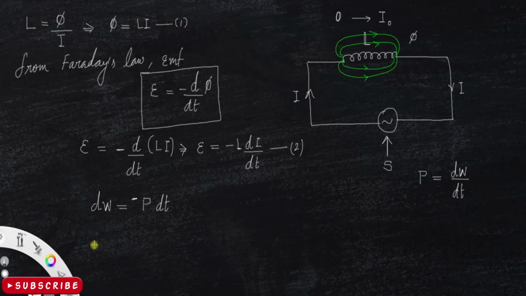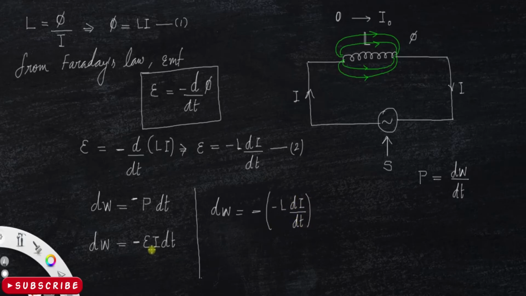Substituting, dw is equal to power, which is voltage into current, dt. So dw is equal to minus, and I can substitute minus L di by dt instead of E, that is minus L di by dt, then the current I, then dt.